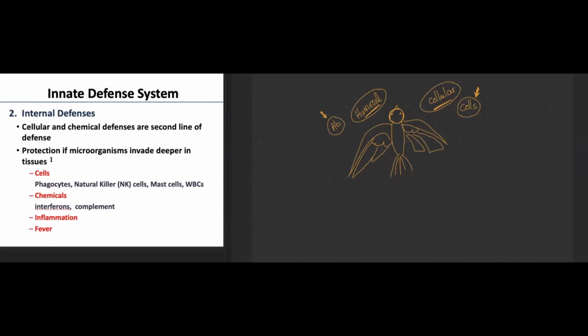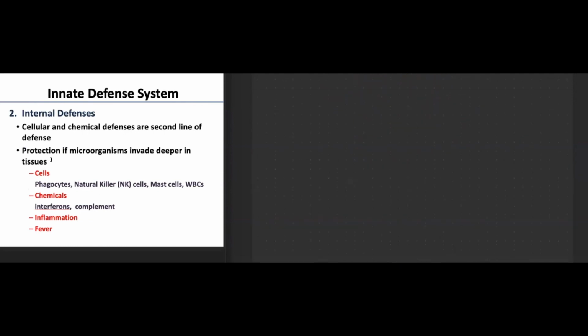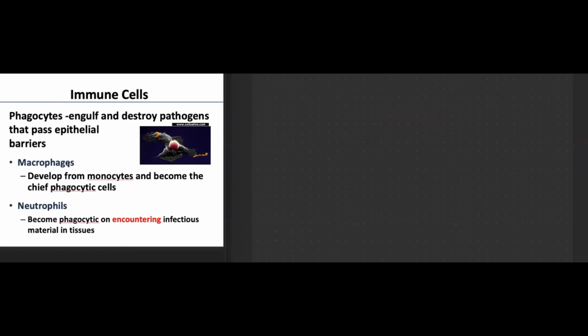Moving on to the internal immune defenses, start with first the cells, and we have three major types of cells that will help with the innate non-specific immunity. First is going to be my phagocytes. And phagocytes, those are two major types. We have the macrophages and the neutrophils.